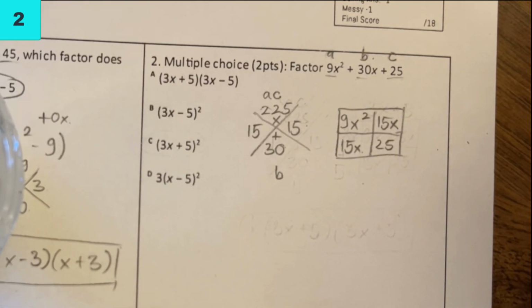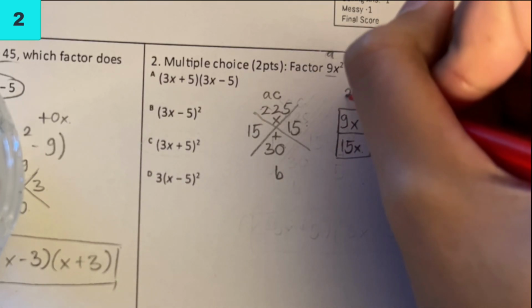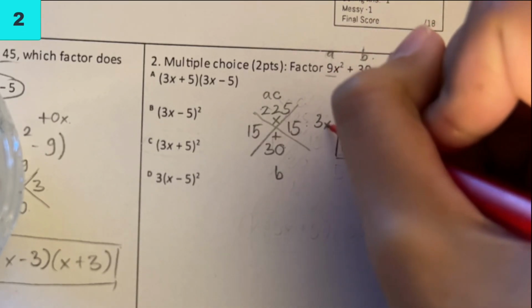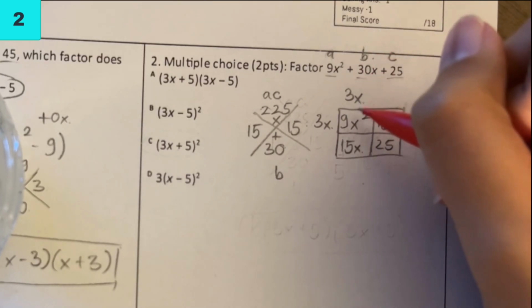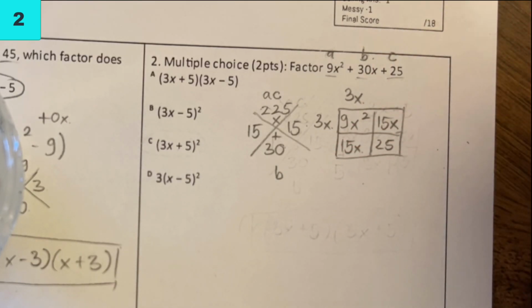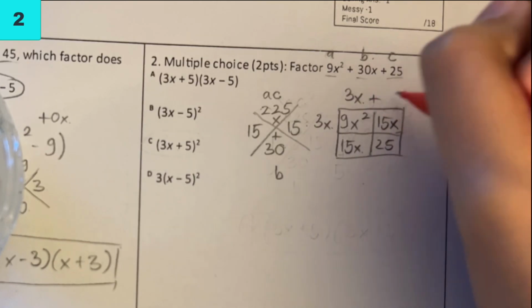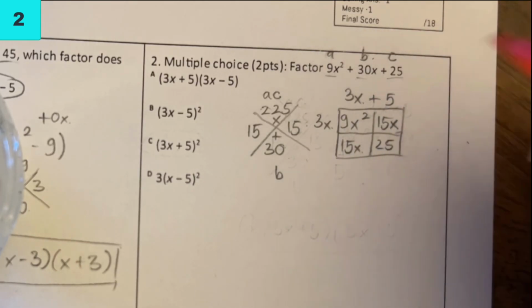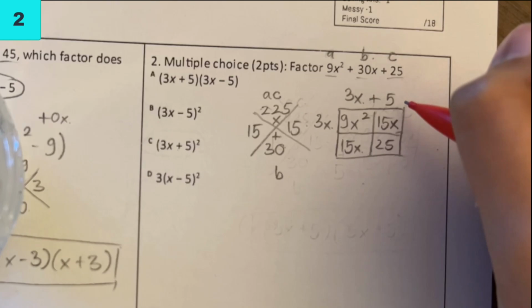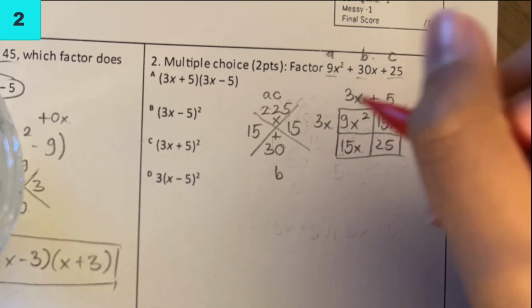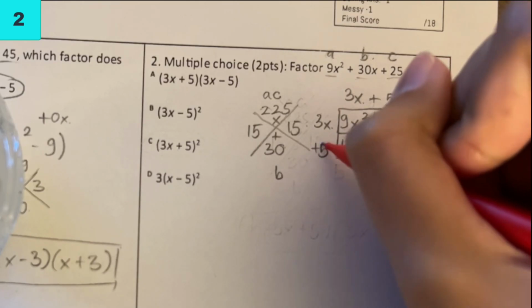And then I put the 3x here and 3x on the left because 3x times 3x is 9x squared. And I put 5 in here because 5 times 3x is 15x, and this one is also.